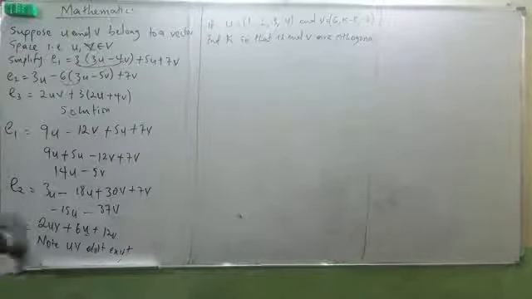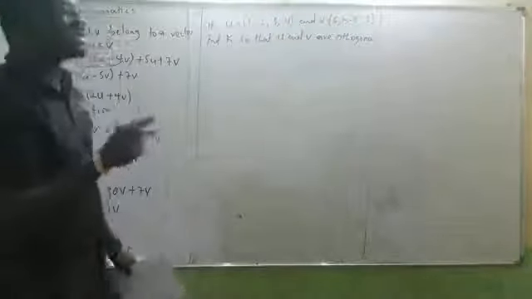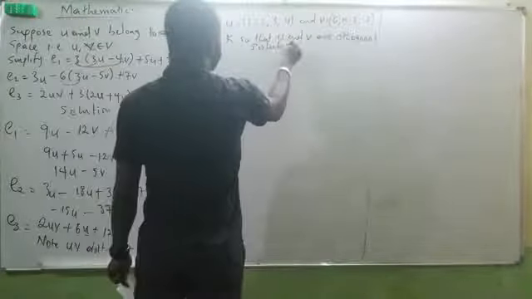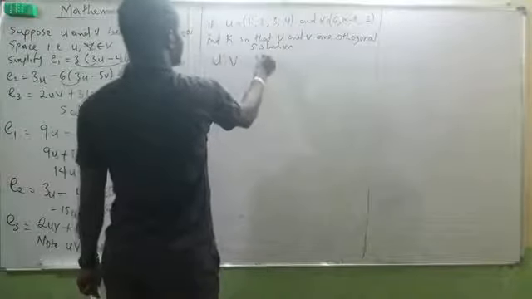Now look at this problem. You are given u equals to this, v equals to this. Find k so that u and v are orthogonal. I've told you that when you hear the word orthogonal, it means u dot v will be equals to 0.